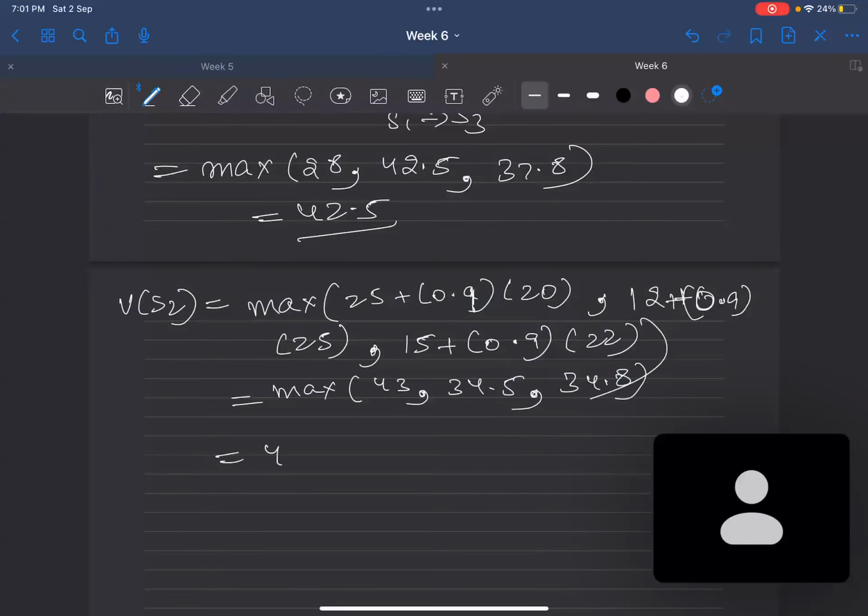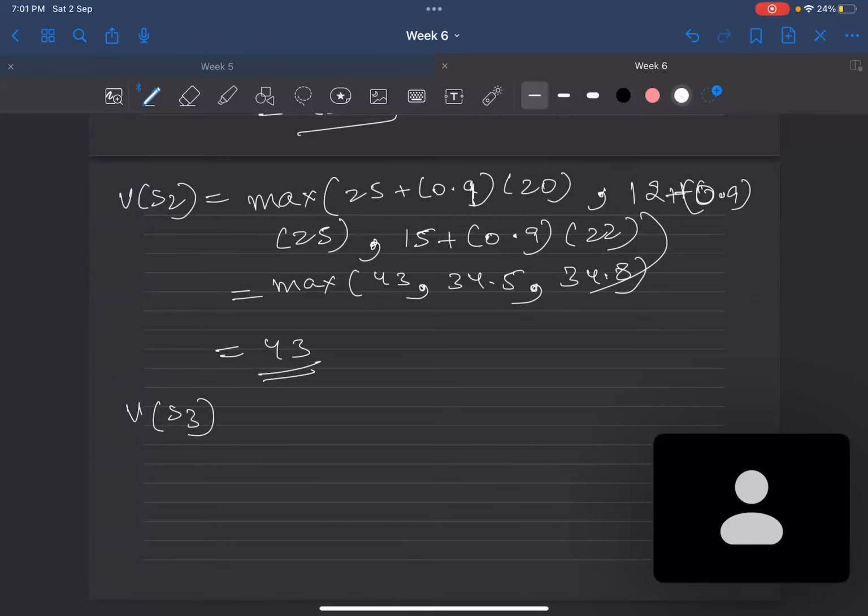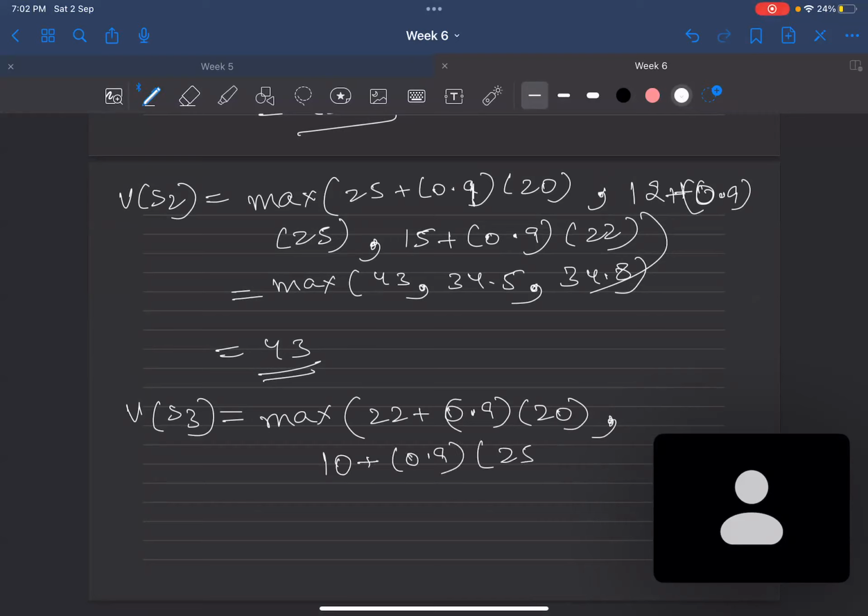So basically 43. So V of S3 is max of 22 plus 0.9 into 20, 10 plus 0.9 into 25, and 8 plus 0.9 into 22.